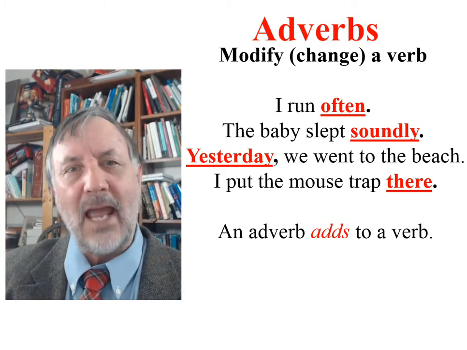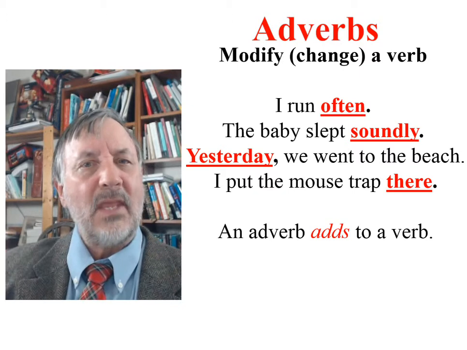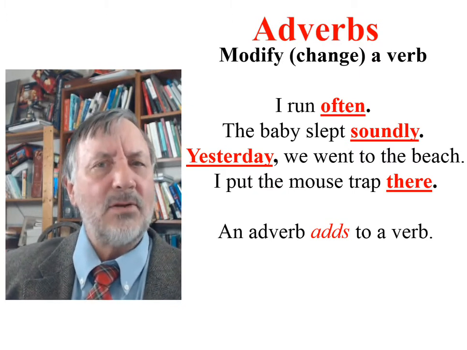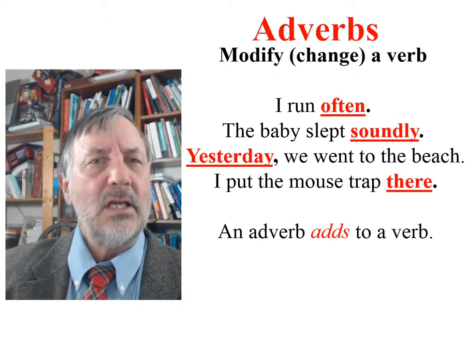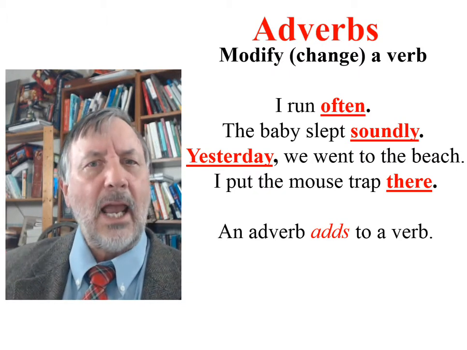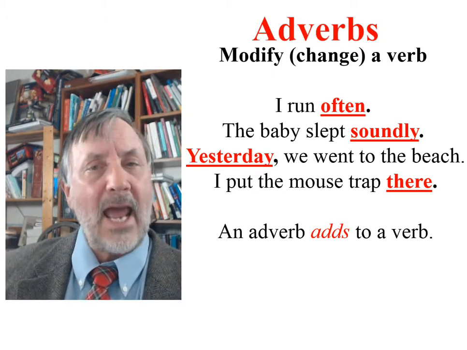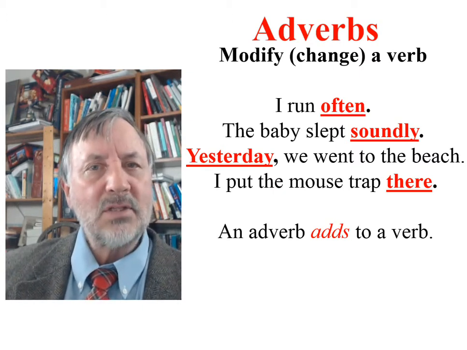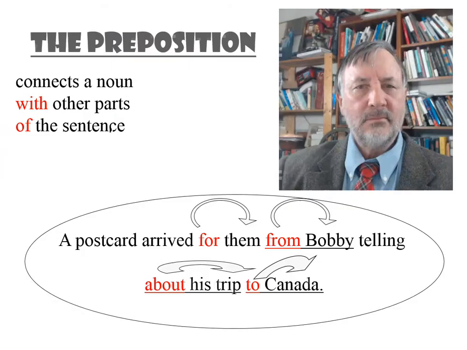Little trick there, adds to the verb. So it changes or modifies or adds to the verb. It does some other things too, but its main function is to do just that. And again, we have a whole section on adverbs, and we'll be talking about those at greater length. But this is just to give you a quick glimpse at what an adverb does.